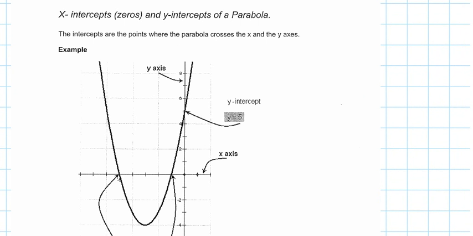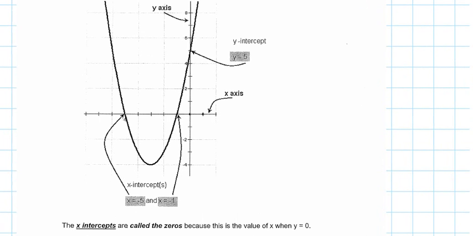How many spots is it intersecting? Twice, right? It's intersecting right here and right here. So we call these the x-intercepts, and we write them as x equals -5 and x equals -1.